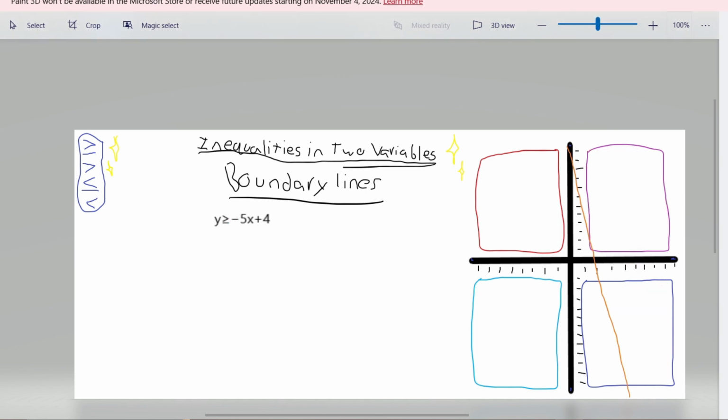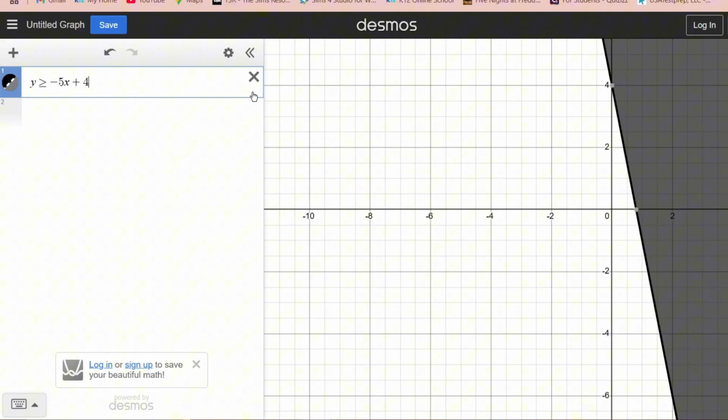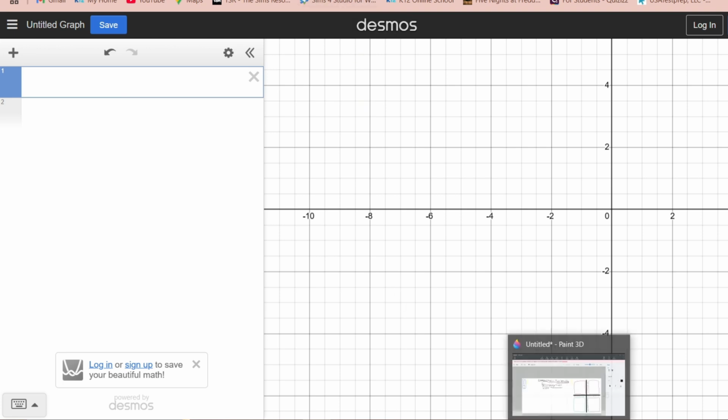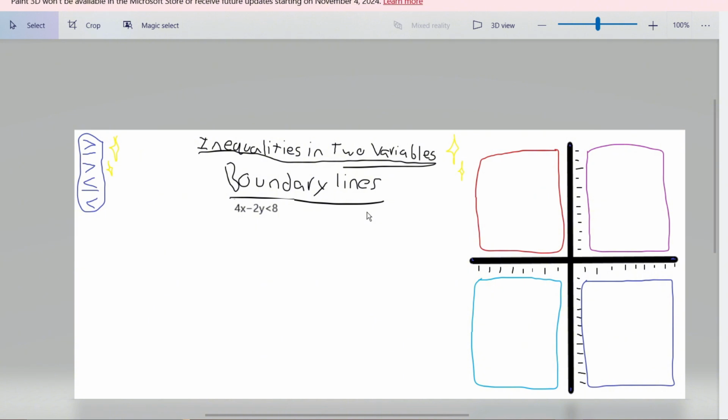Alright, I'm gonna get our next problem up. Let's clear our graphing calculator. Let's close this tab. 4x minus 2y is less than 8.